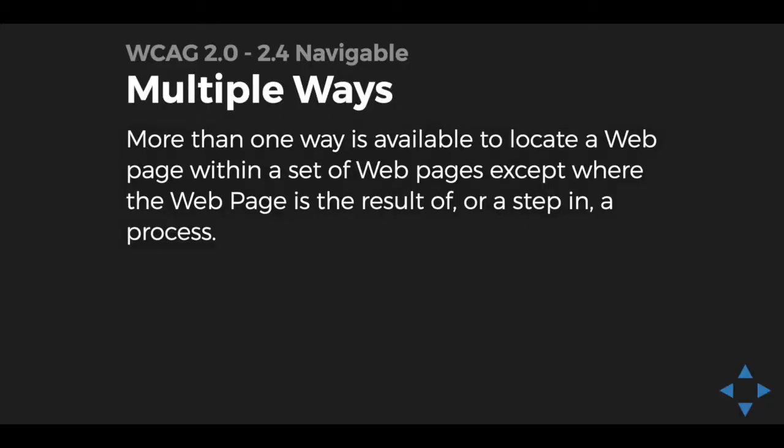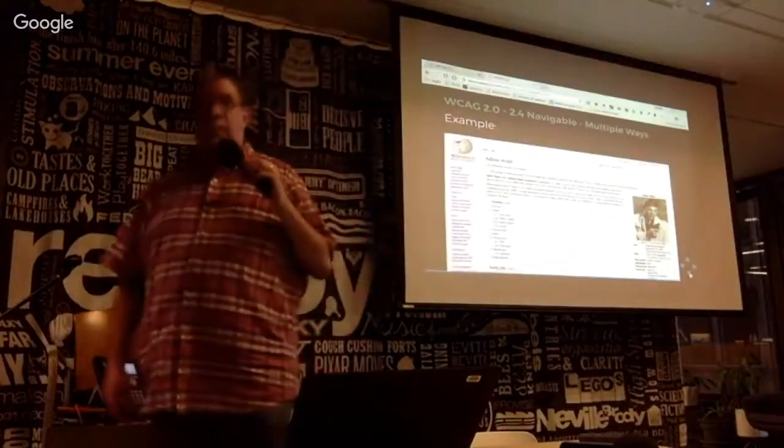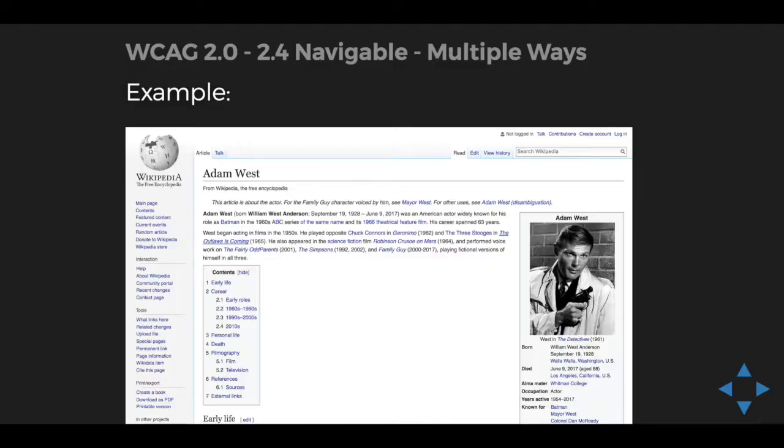Okay? Multiple ways. More than one way is available to locate a web page within a set of web pages, except where the web page, singular, sorry, is the result of or a step in a process. This is my favorite site for multiple ways to get to information. This is Wikipedia.